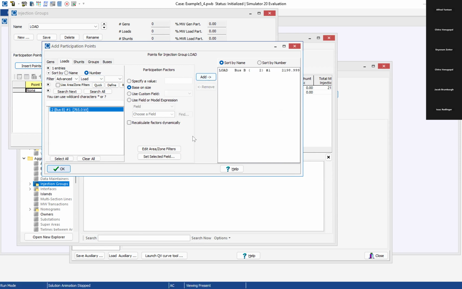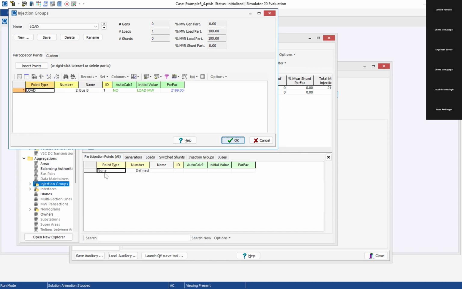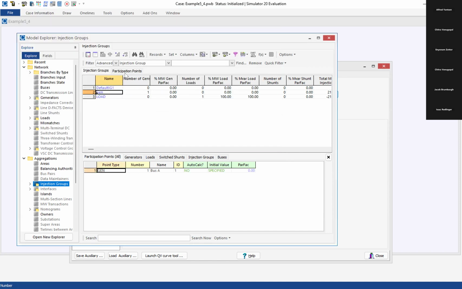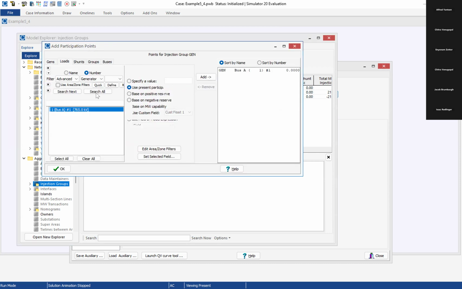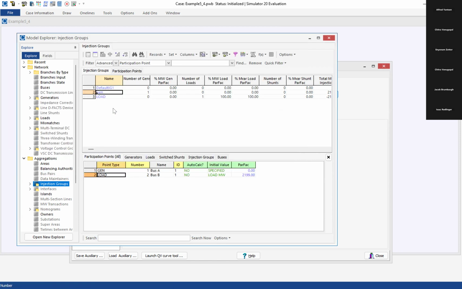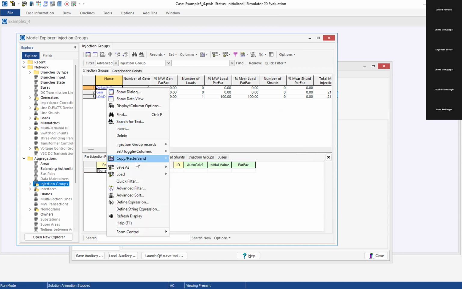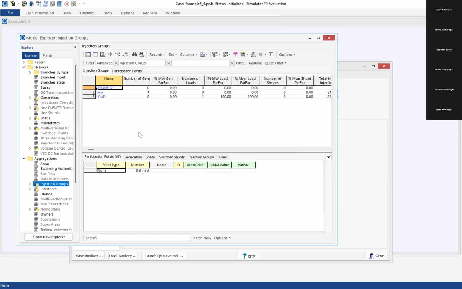There's only one load, right? See, it just keeps trying to do this thing. That's okay. We can select it when we go back to the main screen, because I don't even have that. Oh, I see what's going on.